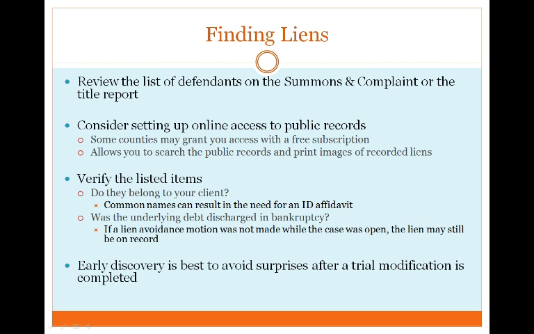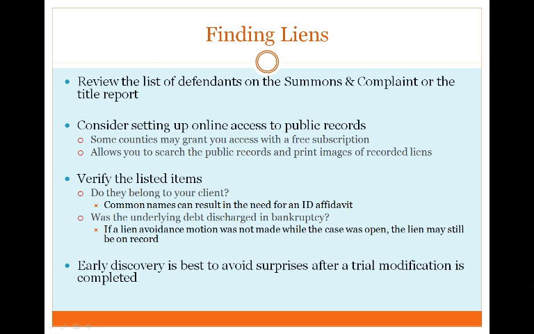Once you're able to take a look at the liens that are on the title report or in the public records, you'll want to show them to your client. Oftentimes, I have had clients with common names where the bank's attorney will essentially list every lien that they can pull on the summons and complaint.